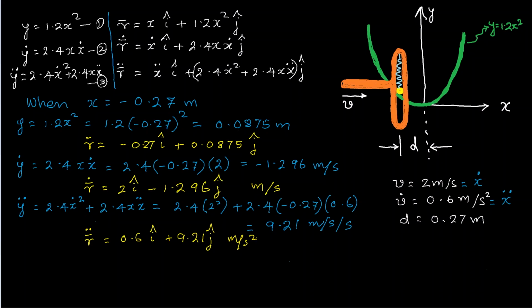So I can write here the velocity vector is this and the acceleration vector is this.